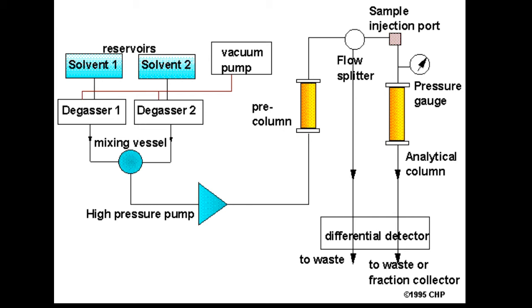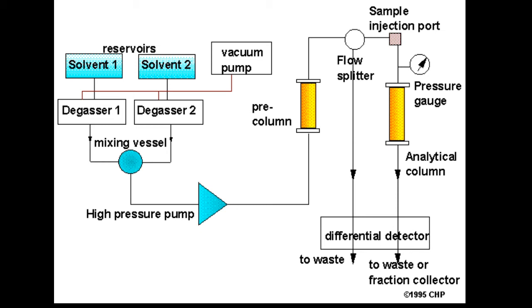Now suppose we are using the isocratic system. Here in this block diagram we are using two solvents and two degassers, and then these two solvents come into a mixing vessel. After that mixing vessel, it goes to the pressure pump. The pressure pump is the main part of the instrument. It is the core of the instrument, where we are applying pressure to the mobile phase.